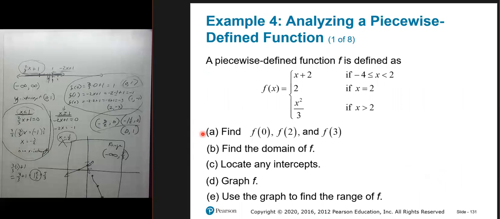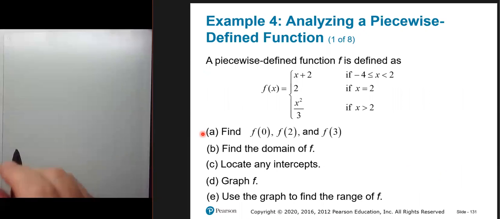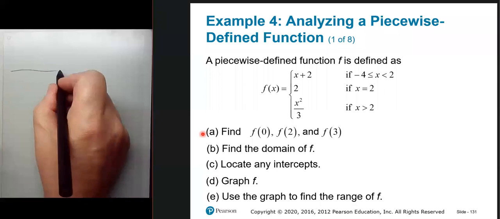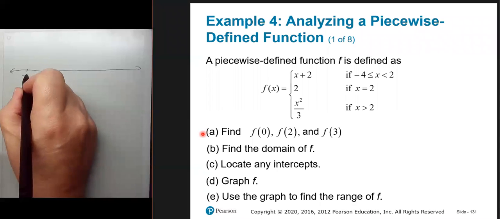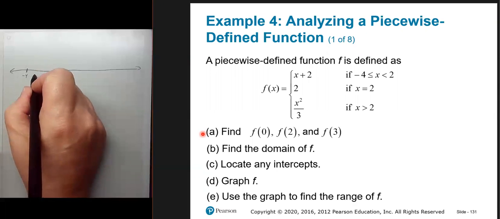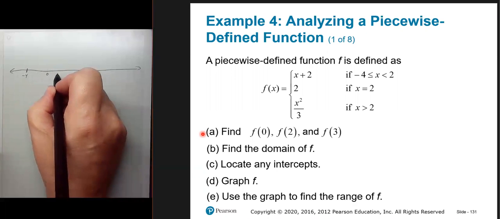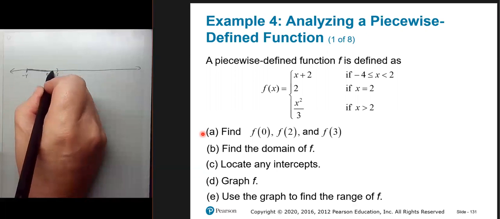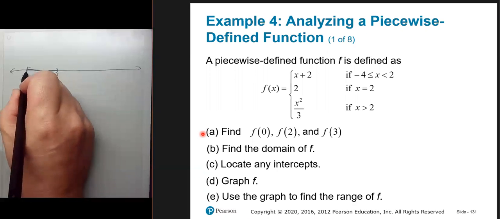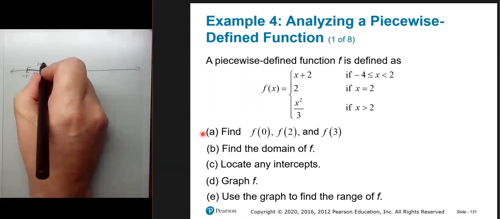Okay. So now here we have another piecewise function. So again, the first thing I always do, I look at my graph, where the function is defined. It's defined starting at -4 and goes up to, this is 0, and it goes up to +2. And so when x is between -4 and +2, including -4 but not 2, we're going to use x plus 2.